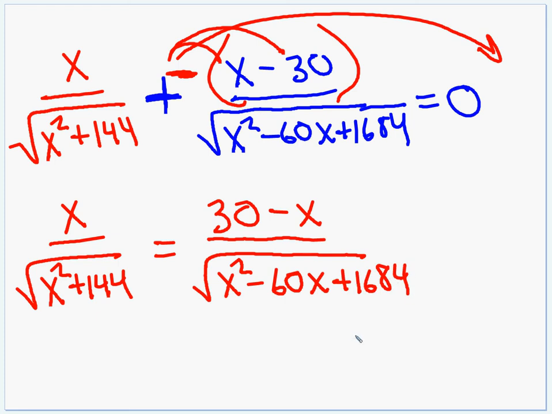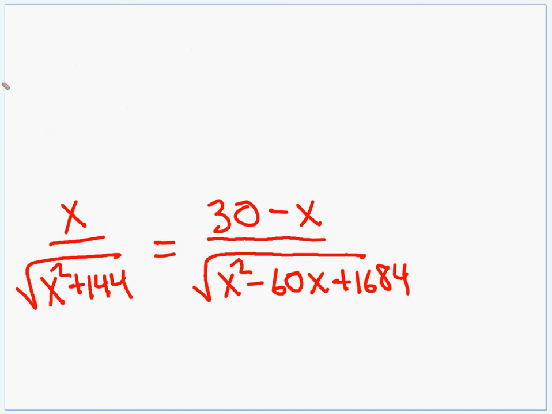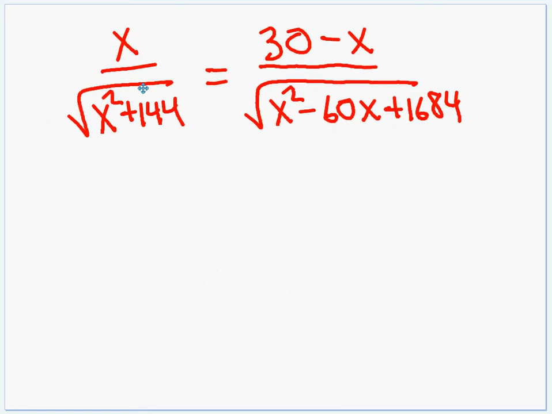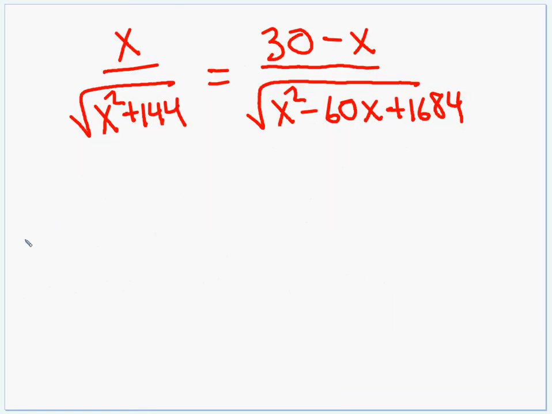Okay, well, let's see here. I guess we could either square both sides or cross multiply. What should we do? In the past, I've cross multiplied and then squared. It might be better. I'm going to try it different this year, and let's square both sides. The left side's easy.